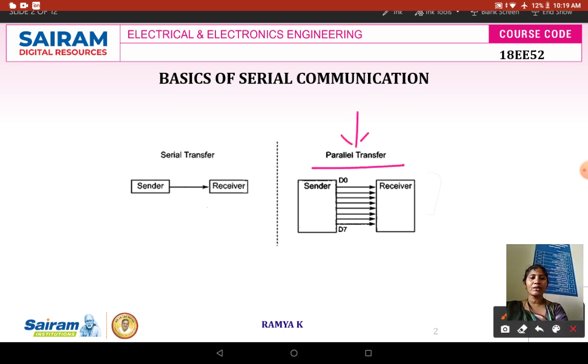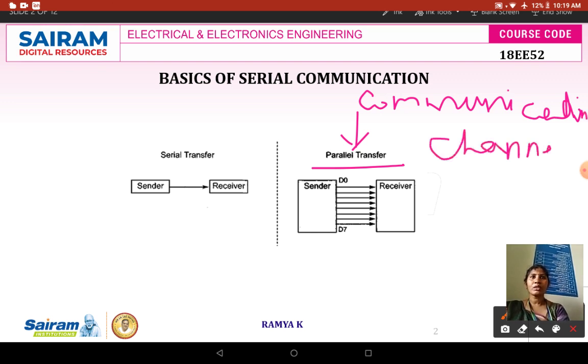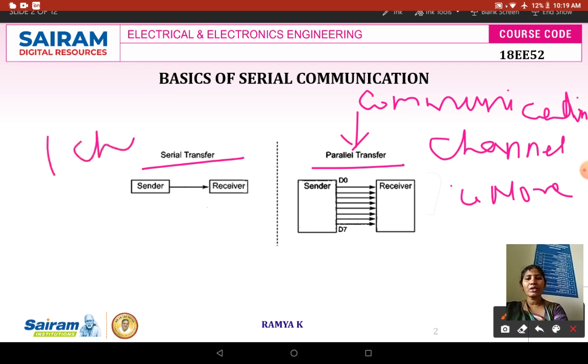So in case of parallel transfer, the communication channel is more. Okay, whereas in case of serial communication, you require only one channel to transmit the data because it is going to transfer only one bit of data.